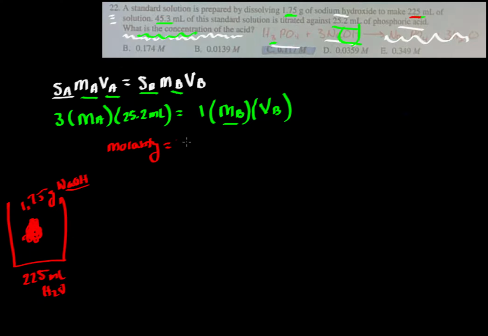Make sure you memorize that it is moles over liters. I'm going to put it over here. Oh, I need to figure out moles first. That's going to be 1.75 grams of sodium hydroxide divided by its molar mass.